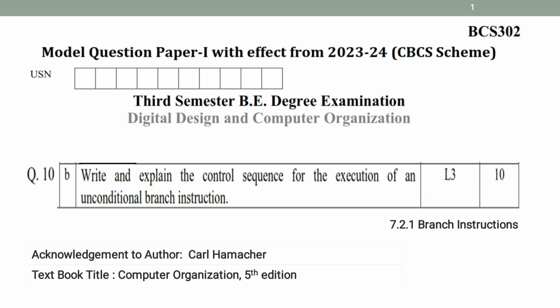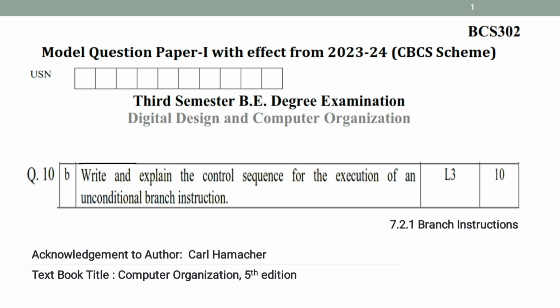Write and explain the control sequence for execution of an unconditional branch instruction. And we did for conditional also. So what all did we discuss in this? First, the 5 steps of control sequence which are required. And to understand that, we went through the data path inside the processor, then input output gating for the register.